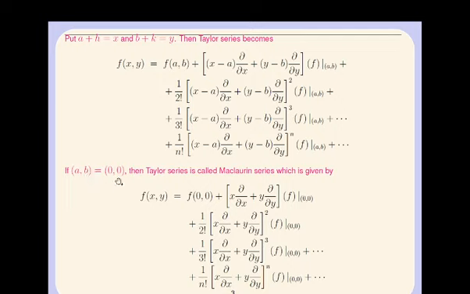Now suppose (a, b) equals (0, 0), then the Taylor series is called the Maclaurin series. So what is the Maclaurin series of f?